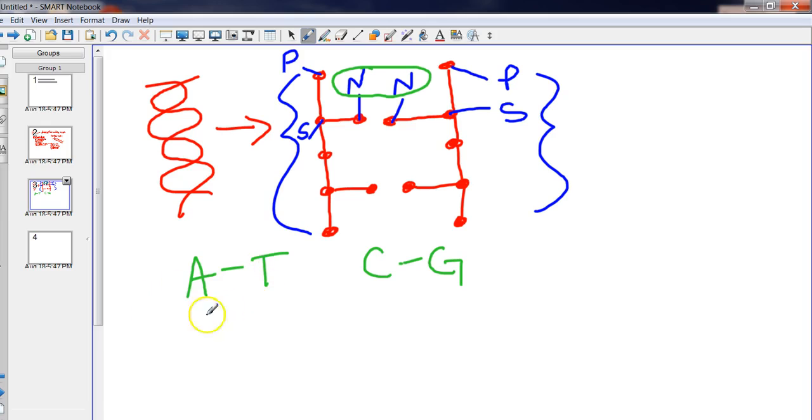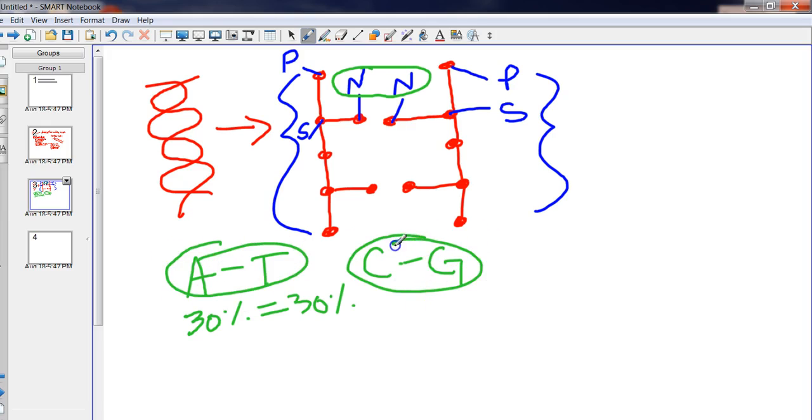So they're equal in amount. If a DNA molecule has 30% adenine, it's going to have 30% thymine.